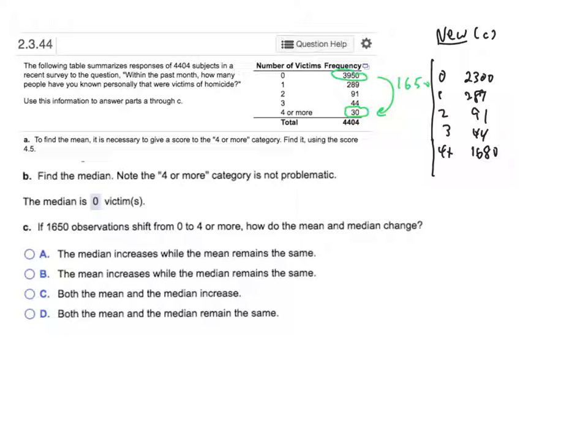What you're going to see is that the mean is going to go way up. The average goes way up because every number you were adding as a 0, you're now adding a 4. So the mean increases, and it increases quite a lot above the 0.17, but the median is still 0.